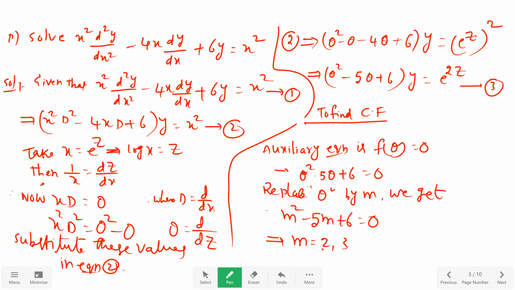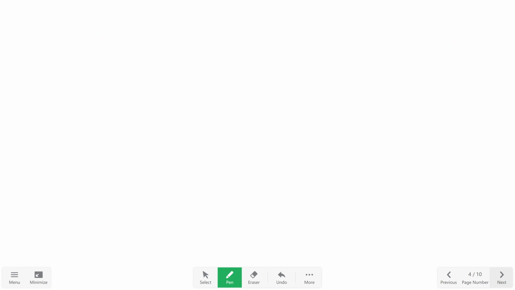Now we observe the nature of the roots. Here the roots are 2, 3, which are two real and distinct roots. If two roots are real and distinct, then the formula for the complementary function y suffix c is equal to C1 e to the power of m1 into the independent variable z plus C2 e to the power of m2 into z.